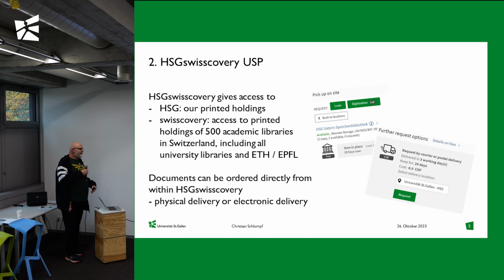Then you will basically check the holdings of 500 academic libraries all over Switzerland. This includes all university libraries as well as the libraries of ETH and EPFL. And another big bonus is you can order those documents directly from within HSG Swisscovery, physical delivery or electronic delivery.